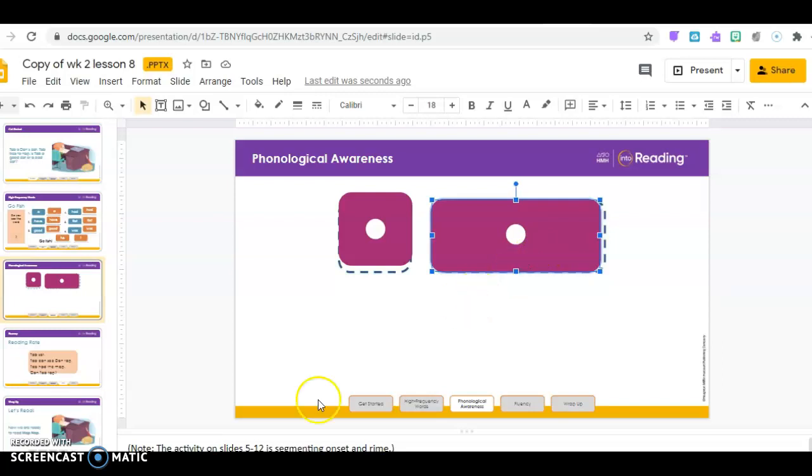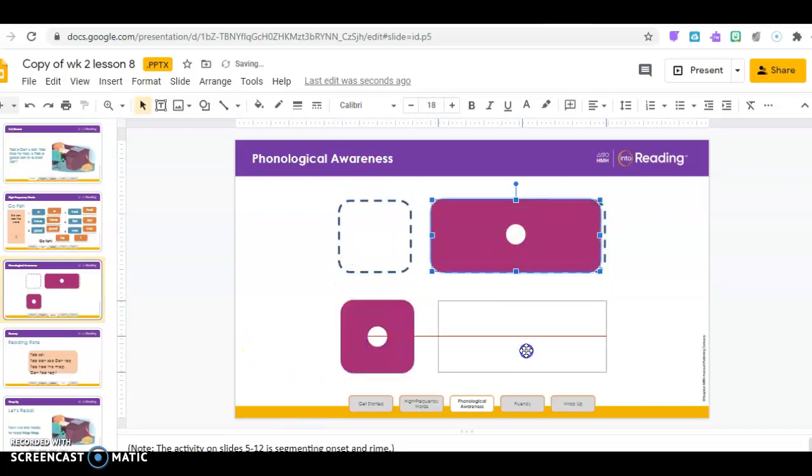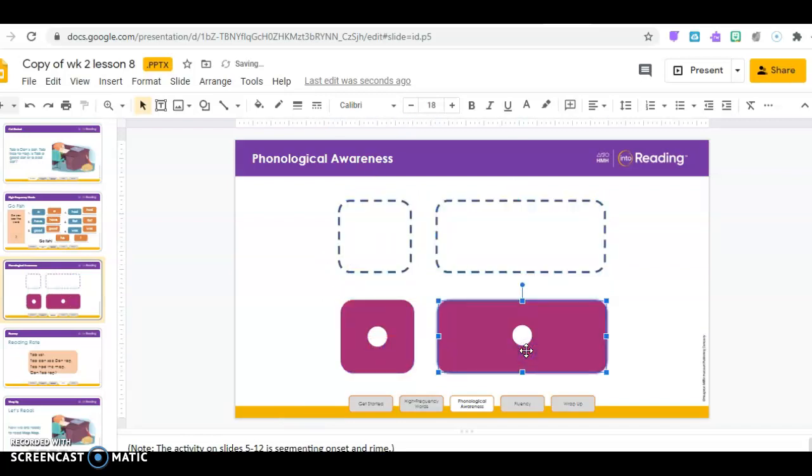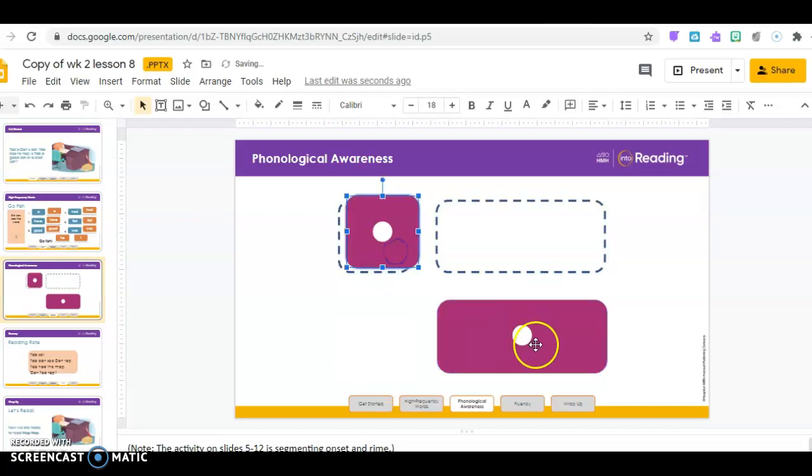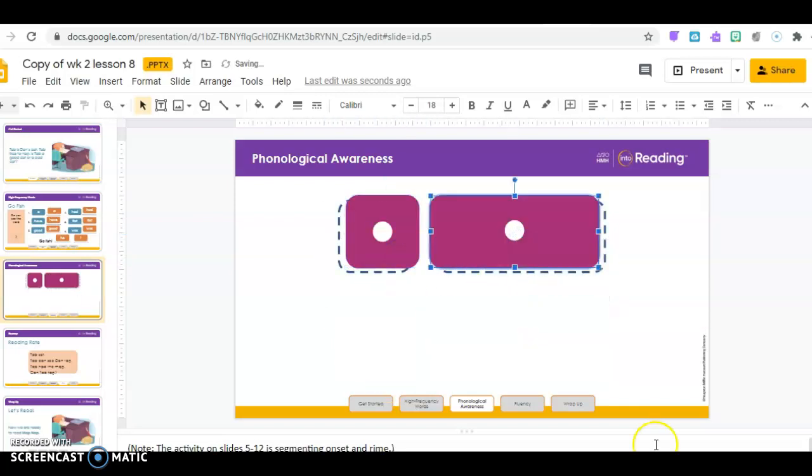Okay, let's do some together. The word is tape. Tape. Ape. Tape.